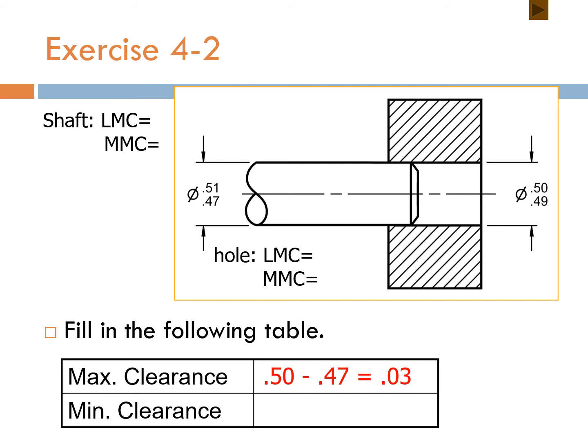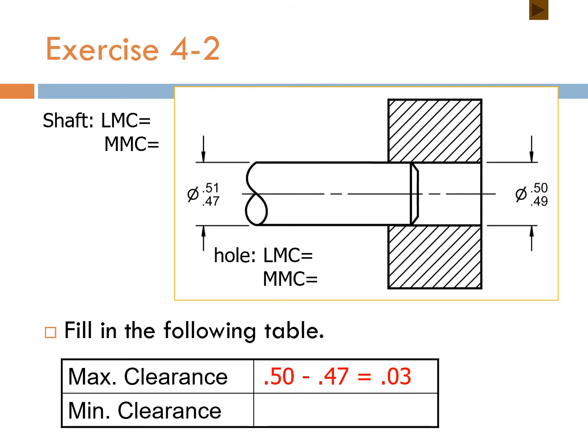So if you make the shaft smaller and you make the hole larger, then that will give you the maximum clearance. If you don't remember what we said previously, just use this idea to get the maximum clearance.